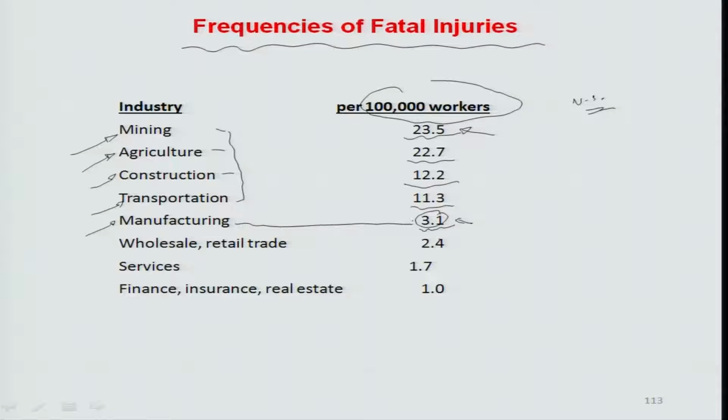There are about 2.4 per 100,000 workers in the wholesale retail business, 1.7 in the services business, and finance, insurance or real estate is very small, about 1 in 100,000 workers. So this looks at some numbers of fatal injuries which may happen in a sectorial manner.